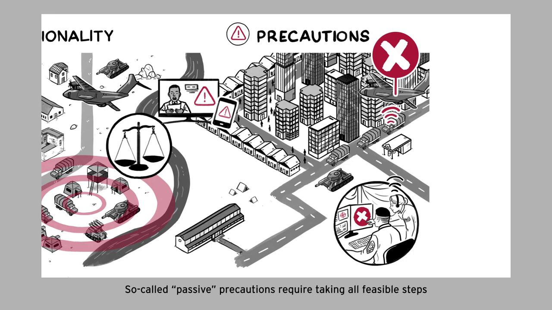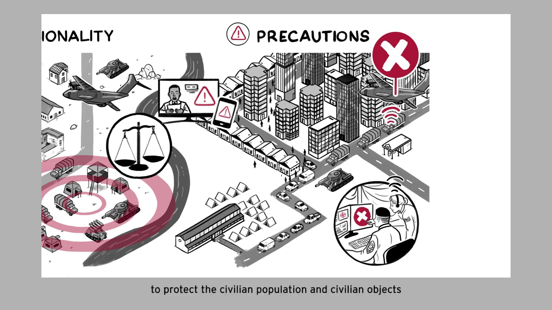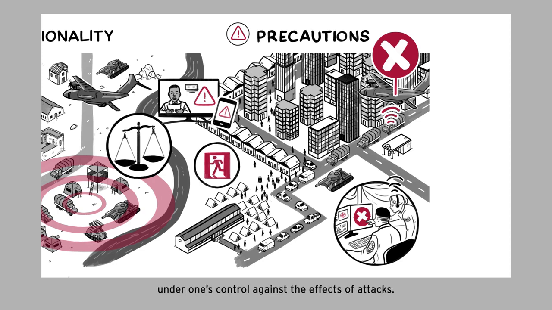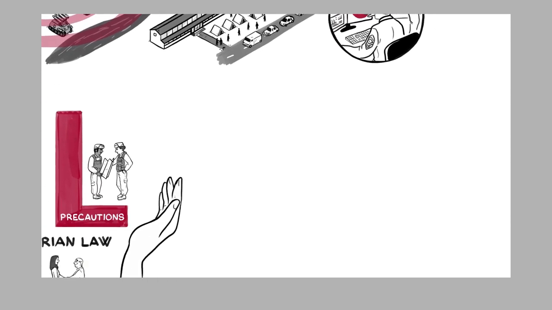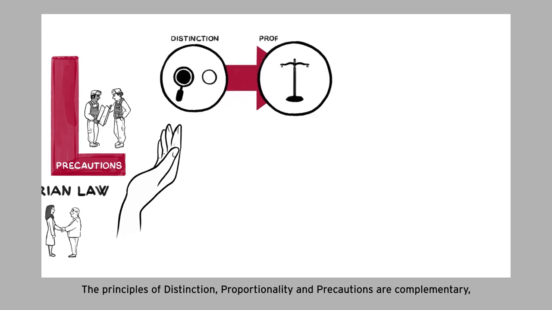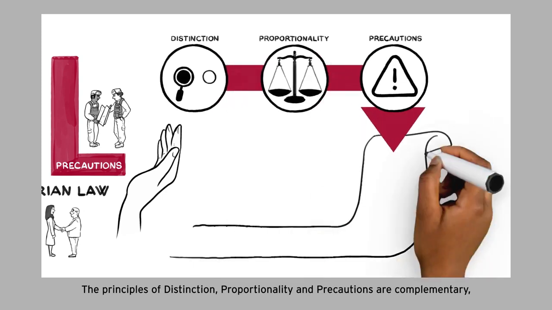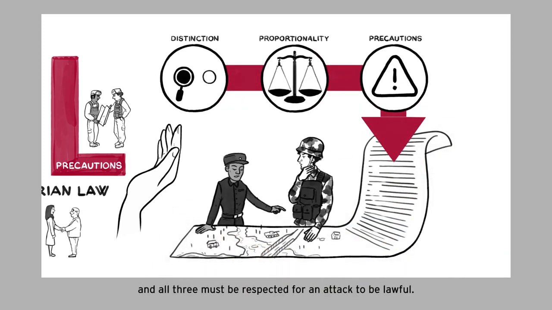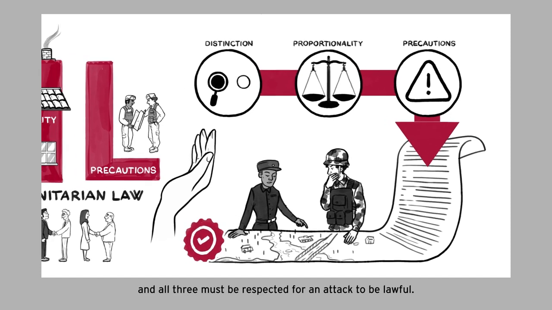So-called passive precautions require taking all feasible steps to protect the civilian population and civilian objects under one's control against the effects of attacks. The principles of distinction, proportionality, and precautions are complementary, and all three must be respected for an attack to be lawful.